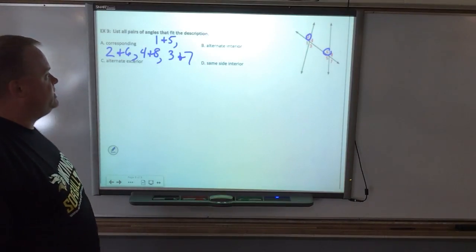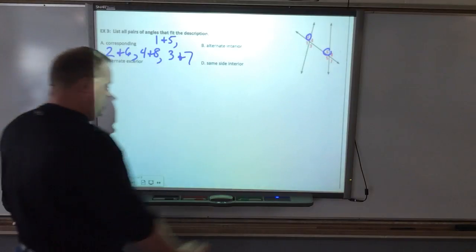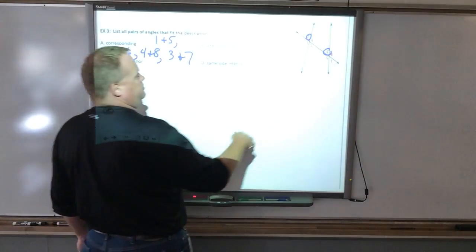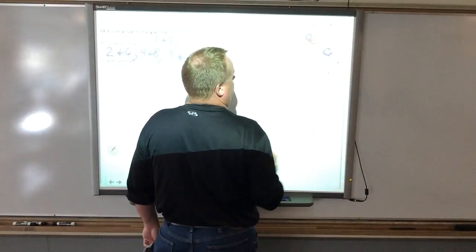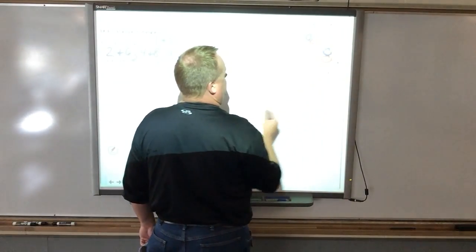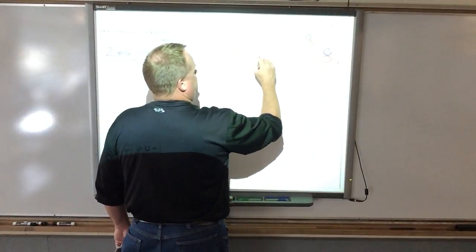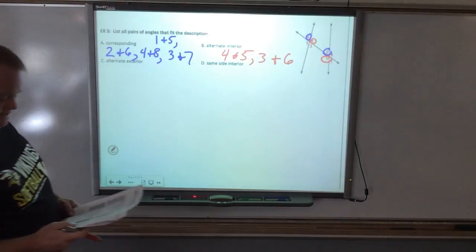My alternate interior angles: I look at these, they're on the opposite sides of the transversal, but they're inside the two lines. So alternate interior is going to be 4 and 5, 3 and 6.